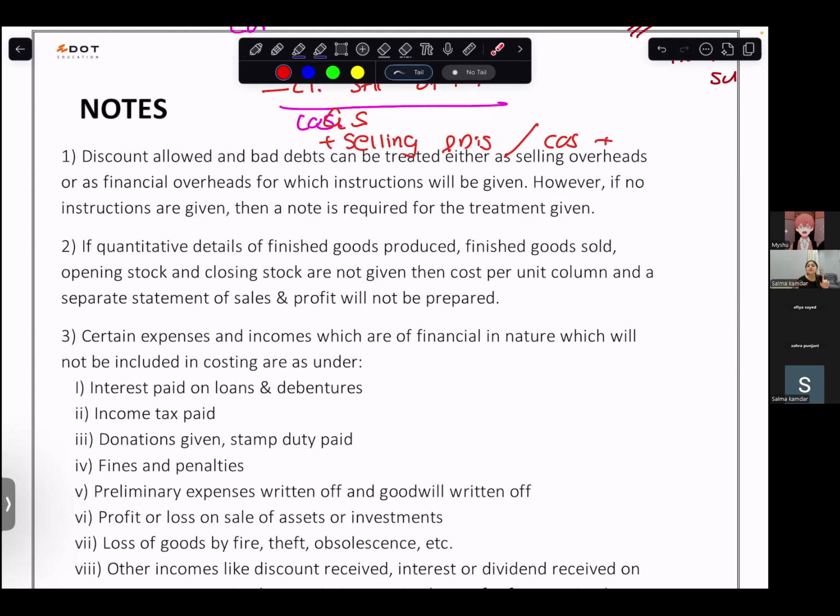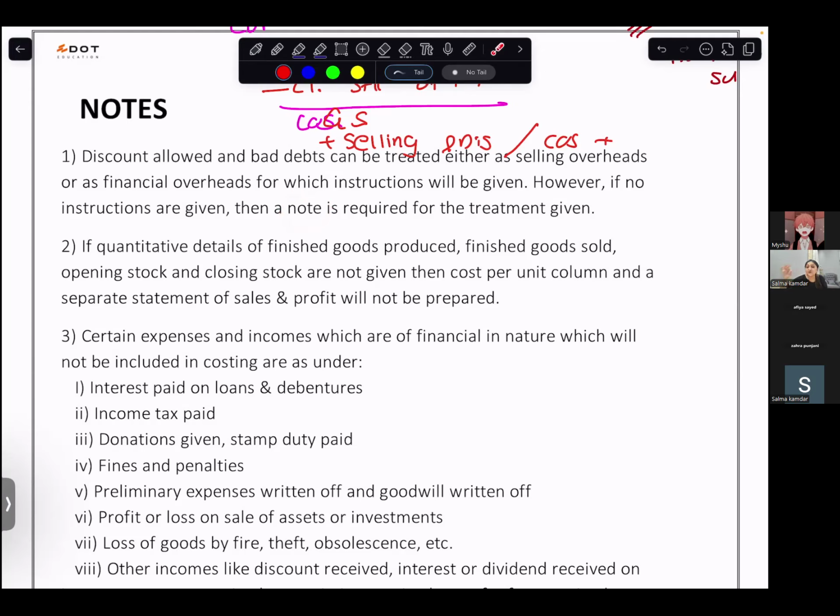But if no instructions are given of how the treatment should be, you can give any treatment that you like, but for whatever you're doing, writing a note is compulsory, carries 2 marks. So what will you write in the note?